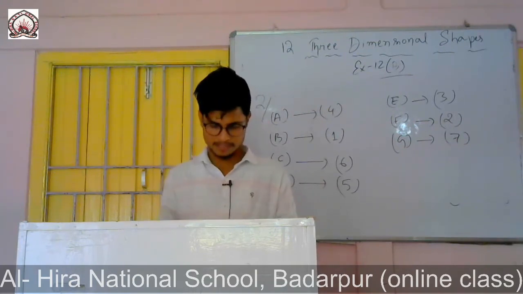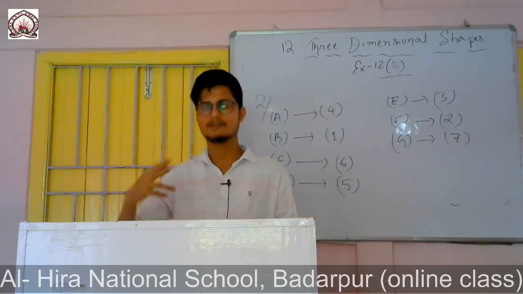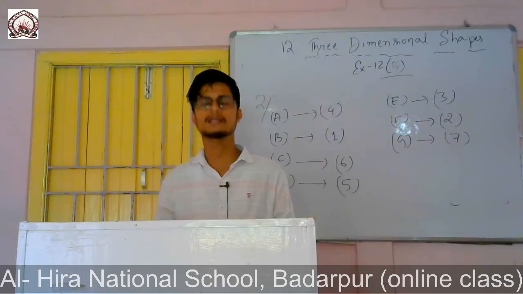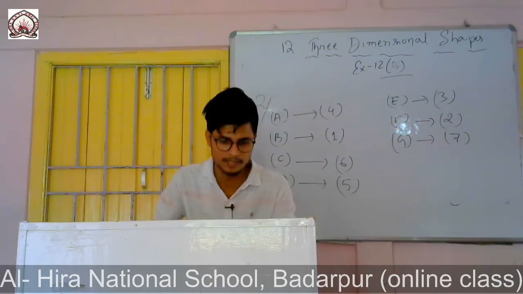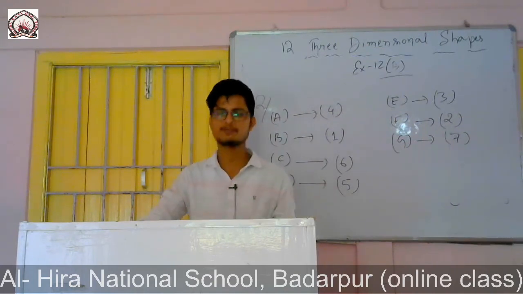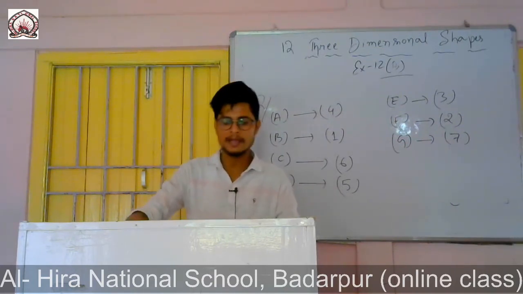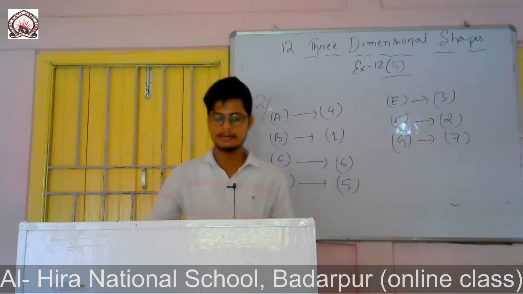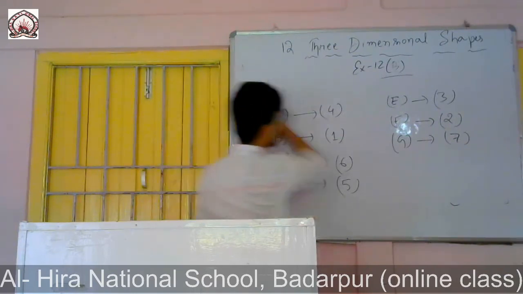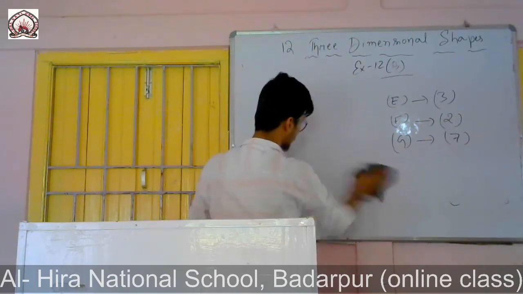You see how many triangles, 2 triangles I need and 3 rectangles. That means for making a triangular prism, I need 3 rectangles and 2 triangles.